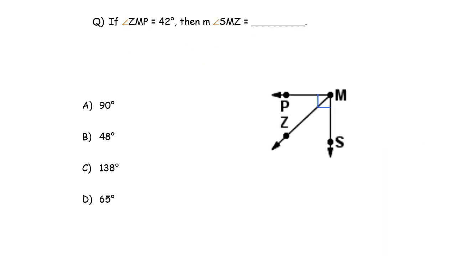Similarly, there is one more question. It says angle ZMP. Where is ZMP? ZMP means they are talking about this particular angle. How much is this particular angle? As per the question, this angle is 42 degrees.